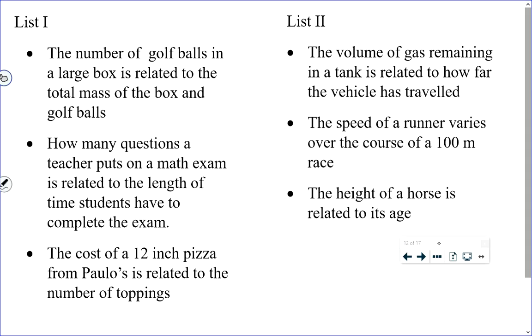The volume can be 6 liters or 12.8 liters. The speed can be 2 meters per second or 2.1 or 2.5. The height of the horse can be 3 feet, 4 feet, 4 feet 6 inches. It can be a lot of different things and not just whole numbers.